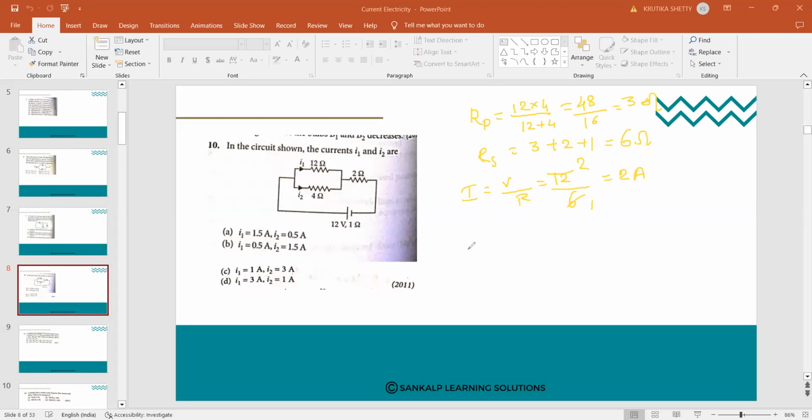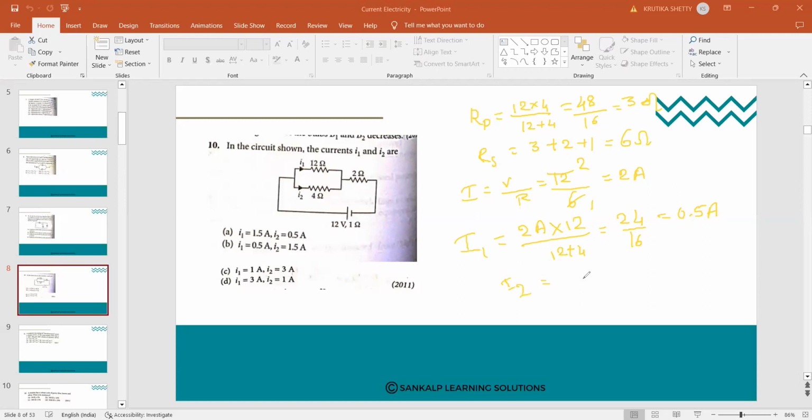But we need the values of I1 and I2. I1 is equal to, from the division rule, the total current 2 ampere into the resistance, 12 ohm, divided by 12 plus 4. So 12 twos are 24, 24 divided by 16, this is nothing but 1.5 ampere.